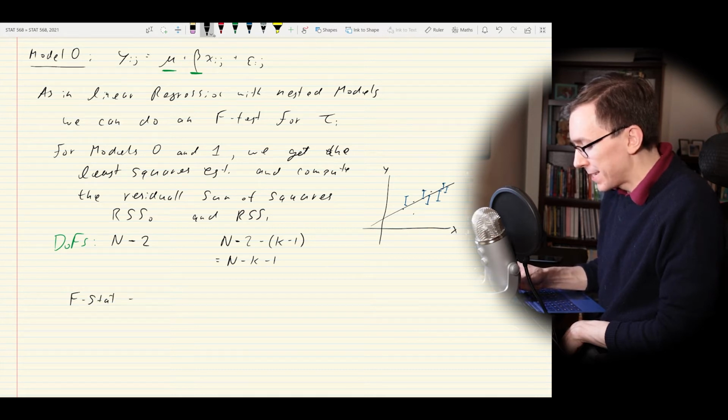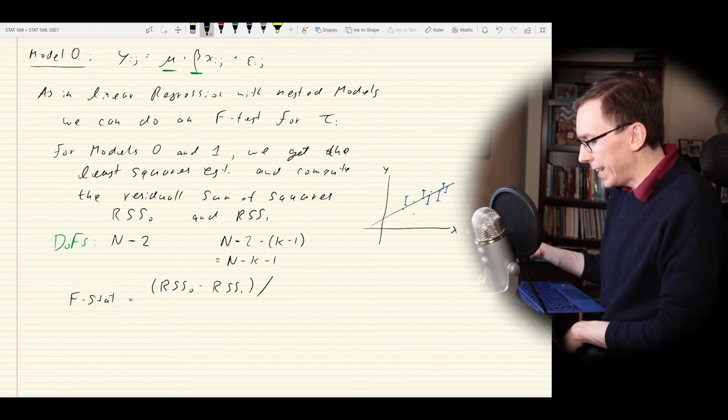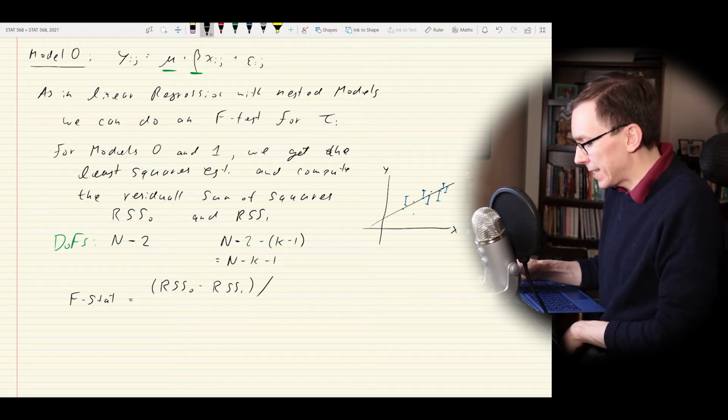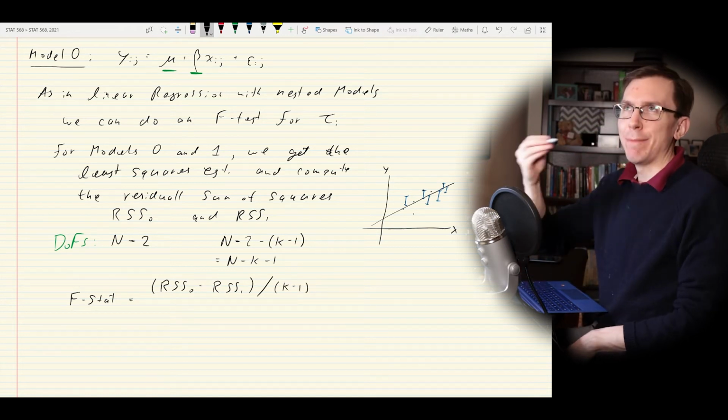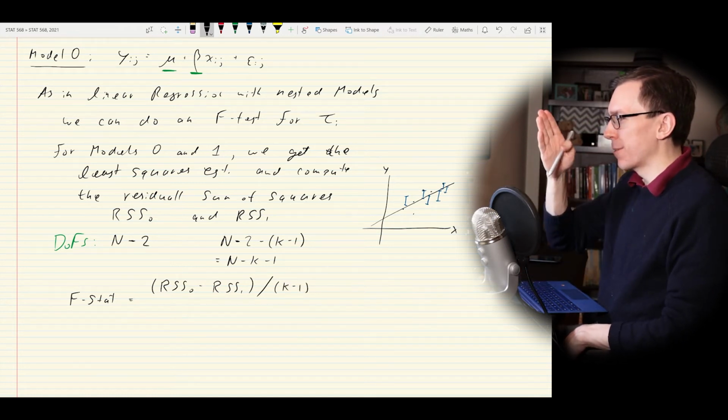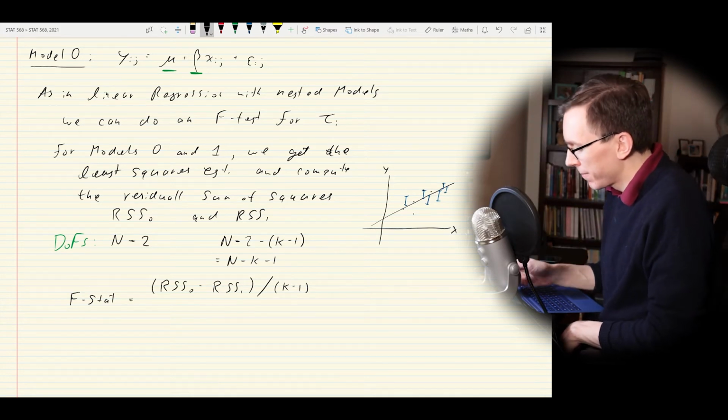And our F statistic is going to look at the difference in the residual sum of squares between model 0 and model 1, divided by the change in the degrees of freedom. In this case, it's going to be k minus 1, because we lost k minus 1 degrees of freedom when we went from model 0 to model 1.